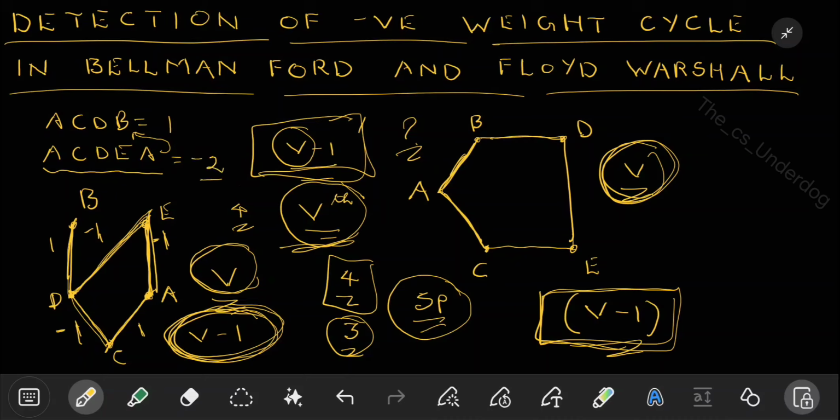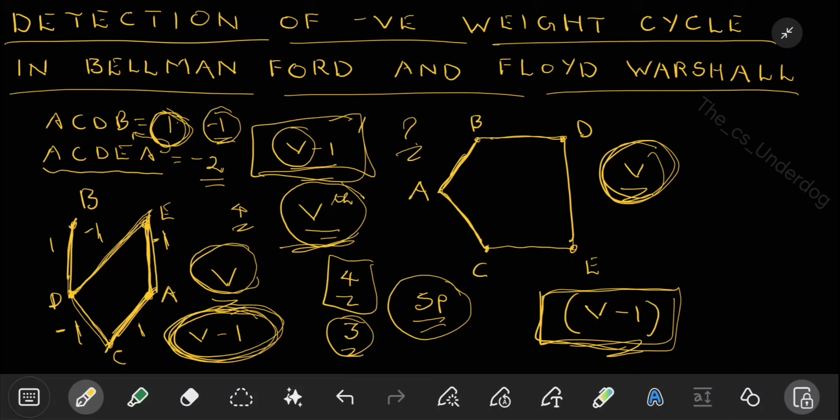Adding this cycle will make it minus 2 and then if I take this path, it will be minus 2 plus 1, which is minus 1. So instead of the actual 1, I got a final value of minus 1 if I took this cycle. When did this happen? This happened because the cycle is a negative weight cycle.